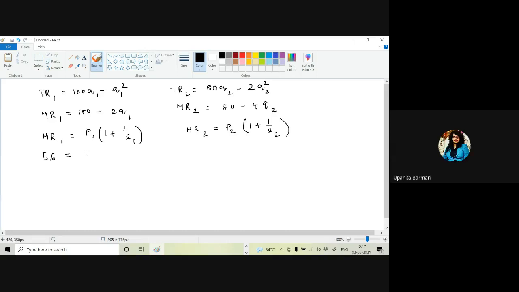What is P1? 78. From this equation, find out E1.